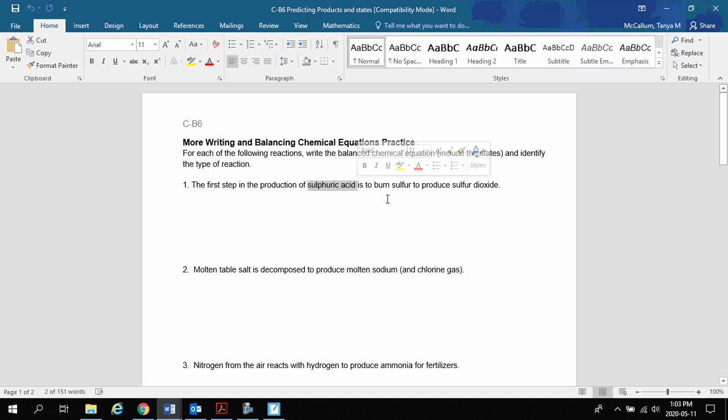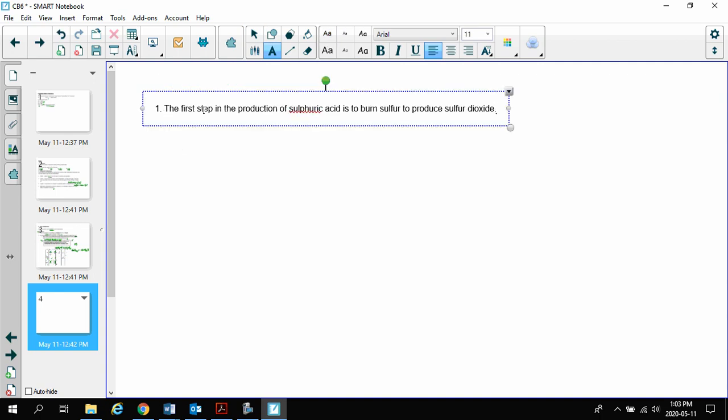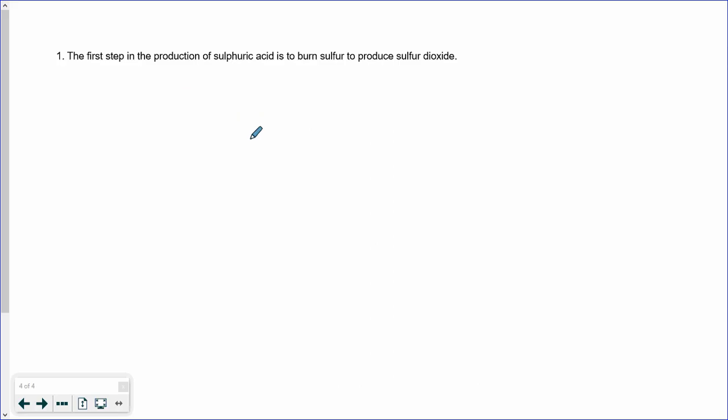I can only highlight. So the first step in the production of sulfuric acid is to burn sulfur to produce sulfur dioxide. Maybe I'll go through part of this in here. So maybe we'll do this first one part of the way together and you can finish it up.